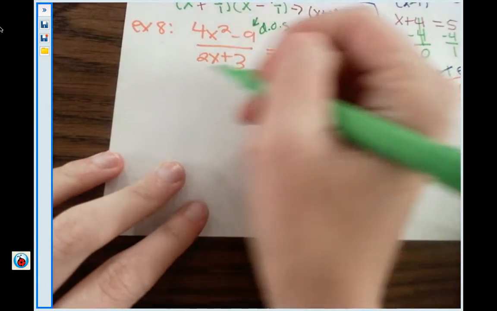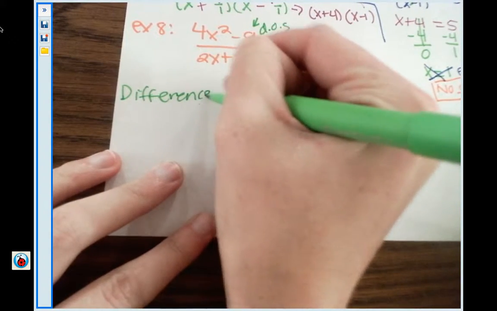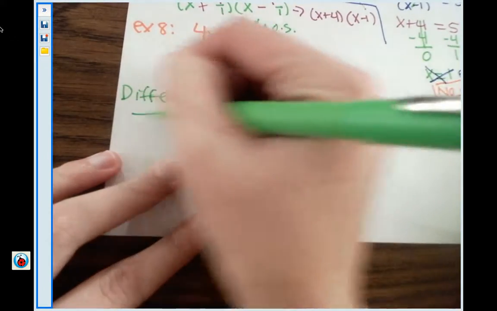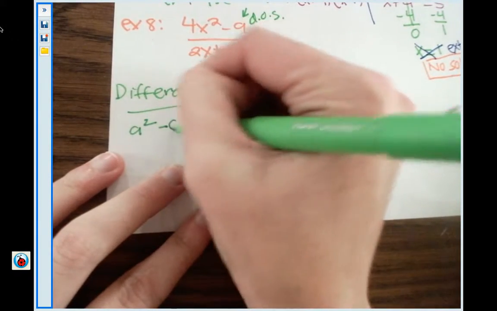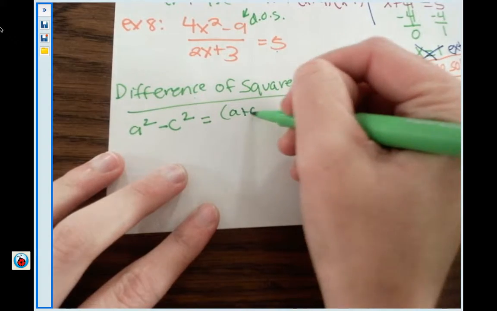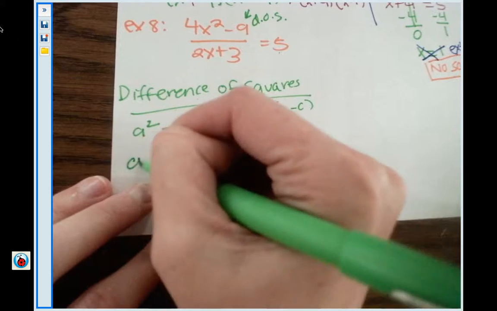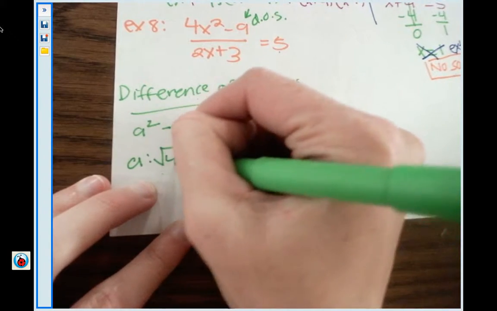Okay, so let's do our difference of squares factoring over here. Difference of squares. Bam. Alright, so difference of squares says if you have two squares that are subtracting, after you find the a and the c, all you gotta do is add them and subtract them. Then you're done. Okay, so my a we find by square rooting our first term, which is 4x squared.